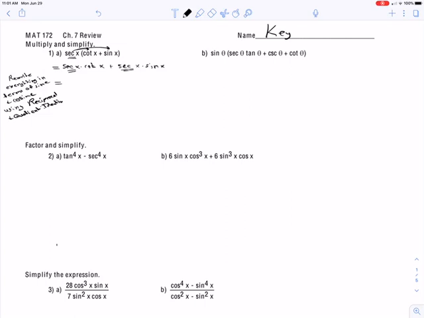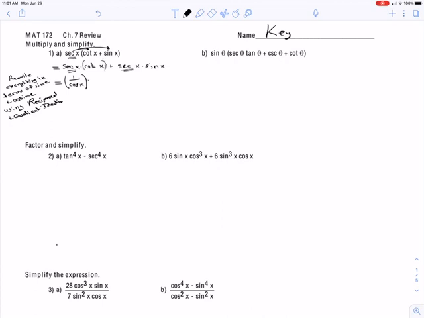All right, so secant, and we can write it right here beneath it. We know secant is equal to 1 divided by cosine x, times cotangent.